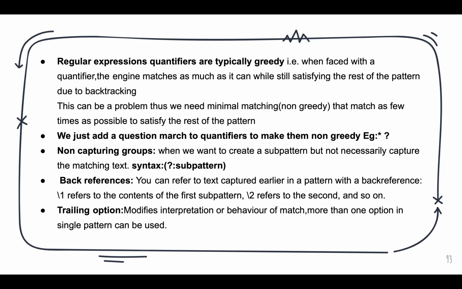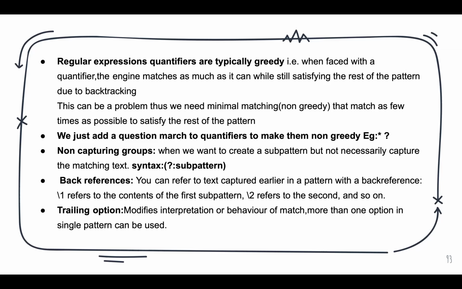This can be a problem, thus we need minimal matching. In order to make it less greedy, we use non-greedy quantifiers, which is nothing but putting a question mark after a greedy quantifier.